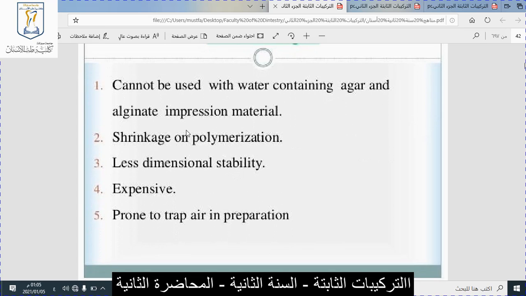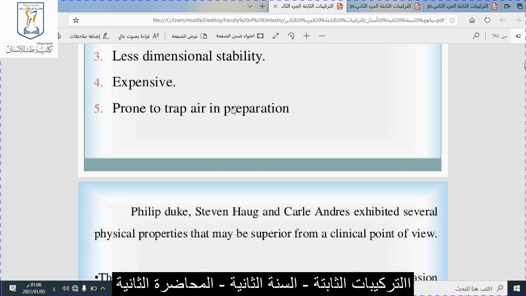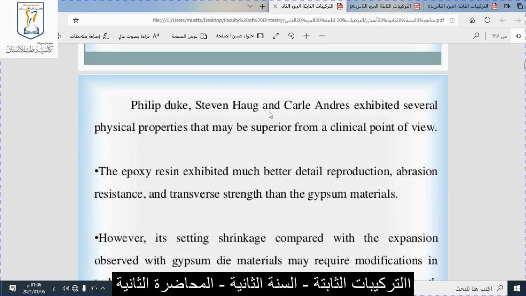Shrinkage on polymerization: the dye shrinks highly during polymerization, so the water will evaporate and there will be shrinkage in the dye. When the dye is reduced in size, that will give an oversized cast. It is expensive and prone to trap air during preparation.